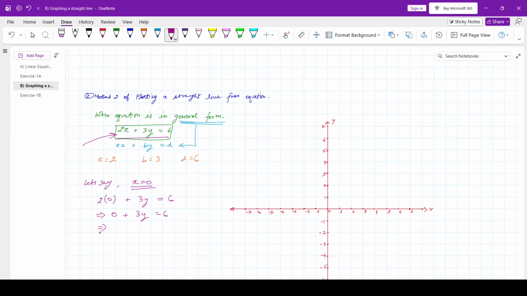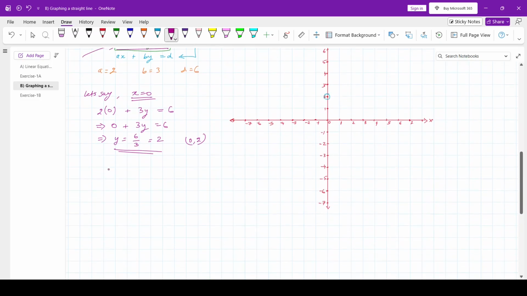And if we move this 3 onto the right side, we get y is equal to 6 divided by 3, that is 2. So we started with x is equal to 0 and we landed at y is equal to 2. That means our line will pass through this point, 0, 2. That will be 0 on the x-axis and 2 on the y-axis. So we can say this is our point.